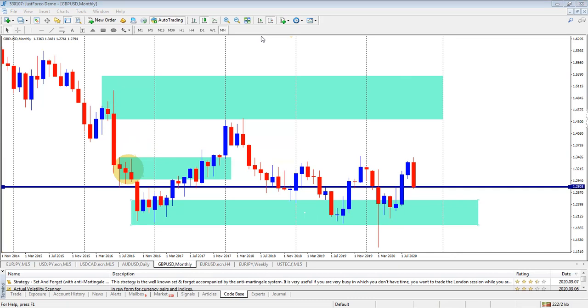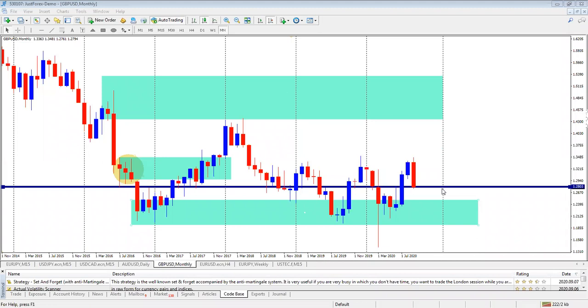But even though it's broken, I would prefer to leave it here, because it is where the market, coming from this supply, bounced and bounced again and gave a reaction. So I will leave it here even if it's a broken area of supply and demand.